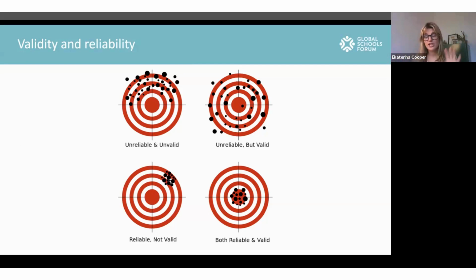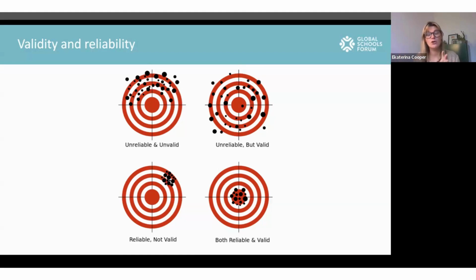And it actually will measure things that you may not be intervening, and be very misrepresentative. Data that is not consistent but valid will be all over the place for the same children, but it will measure the same constructs. Data that are reliable will consistently measure the same thing again and again.